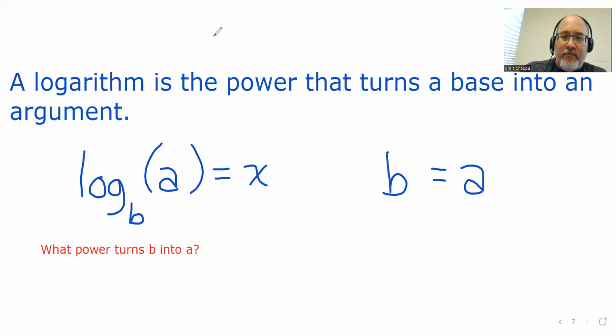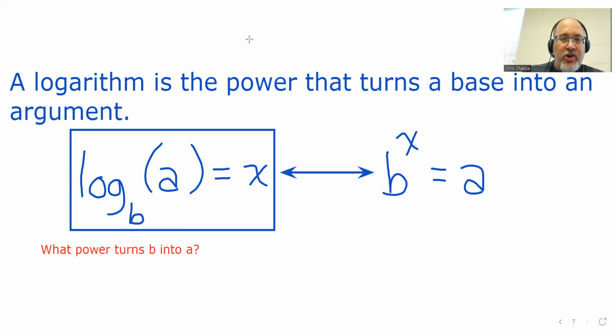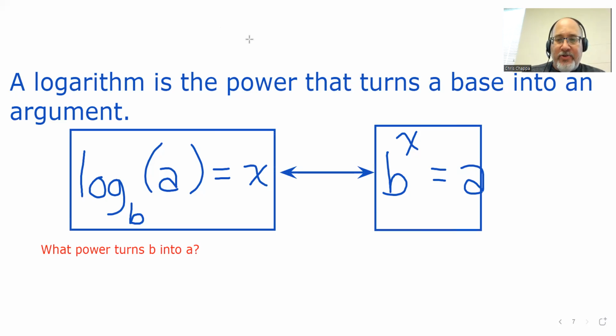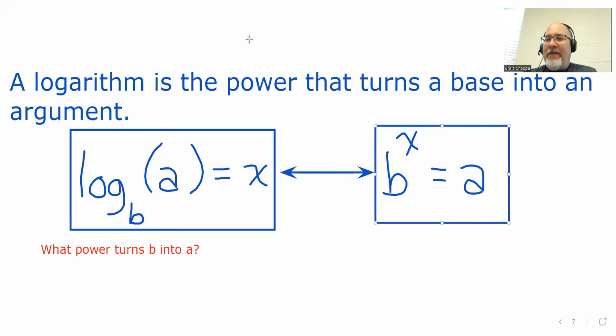An X. These statements are equivalent. I'll put a double-headed arrow between them, meaning that this happens only when this happens. That is the definition of logarithms, and in the next video, we'll talk about going back and forth between these two expressions with a few more examples.